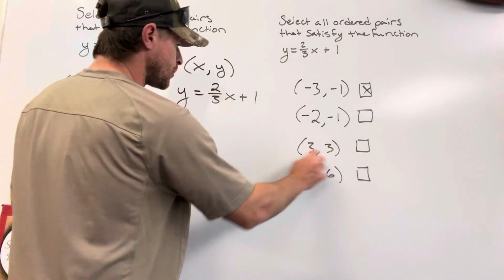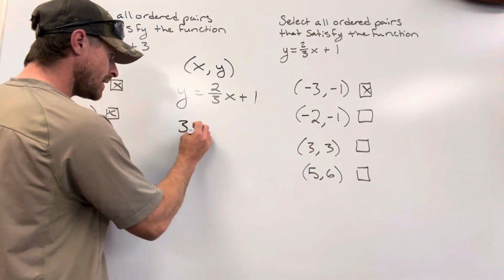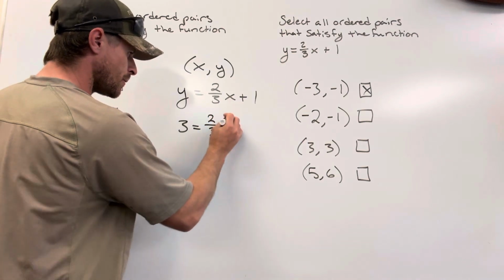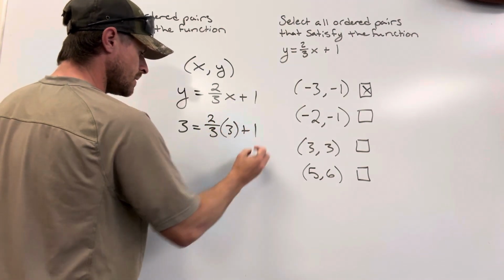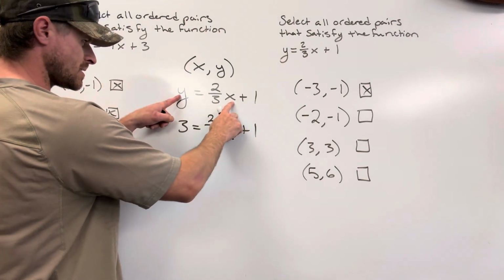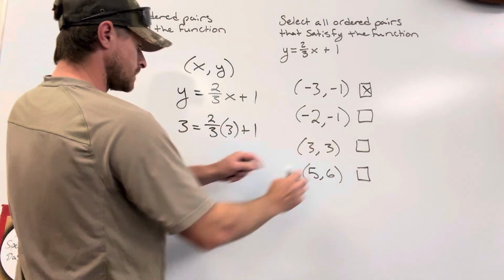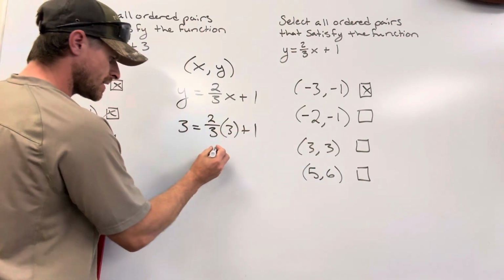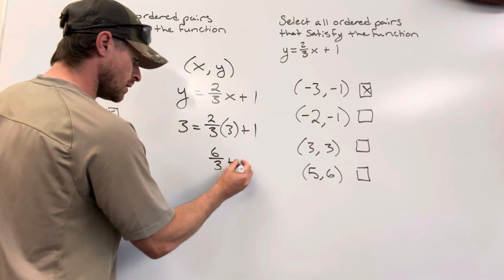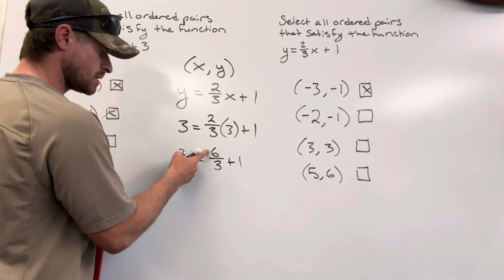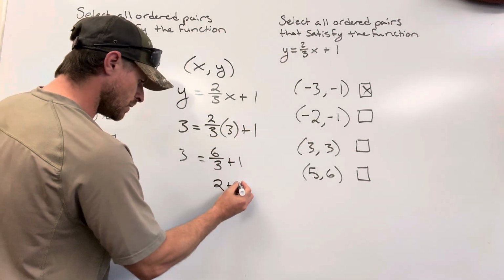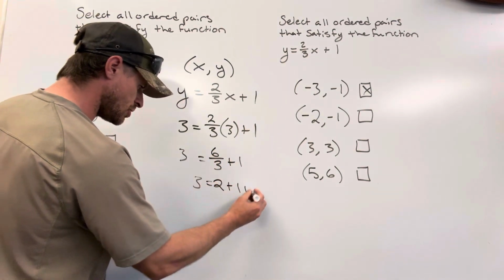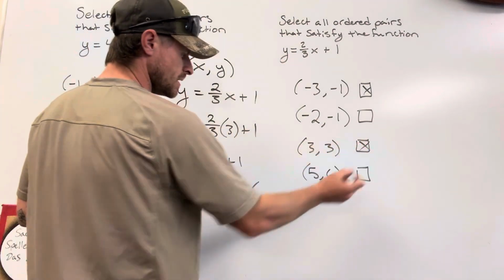Now, let's try 3 and 3. 3 is x, 3 is y. Let's see what we get. Change the x and y's to 3's. 3 times 2 is 6 over 3 plus 1 equals 3. 6 divided by 3 is 2. 2 plus 1 does equal 3. This checks, so I'm going to put an x in this box here.